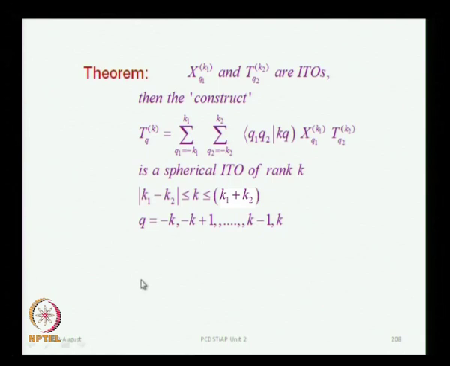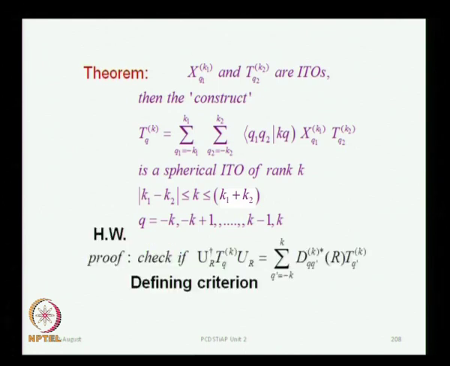So, this is the theorem that one can prove, and all you have to do is to subject it to this criterion, because this is our definition of an irreducible tensor operator. Now, this is your homework, that you subject this operator to this criterion, and if the response to rotation turns out to be given by an expression of this kind, then you can conclude that it is in fact an irreducible tensor operator.